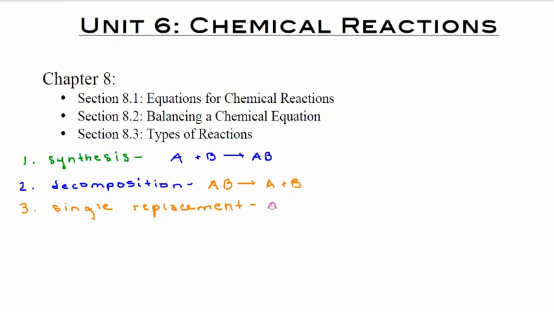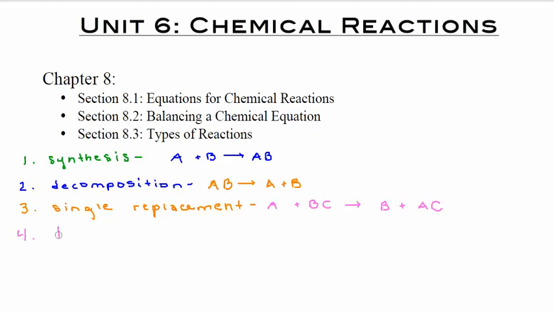So for example, if I have A plus BC, so BC is your compound, what would happen is that A would kick out B, or A would kick out C, and so I'm going to have A kicking out B. So now B is all by itself because it's been kicked out, and you have as a result A and C together.